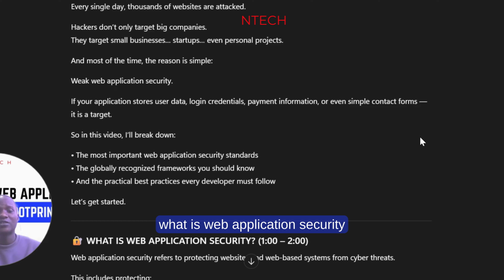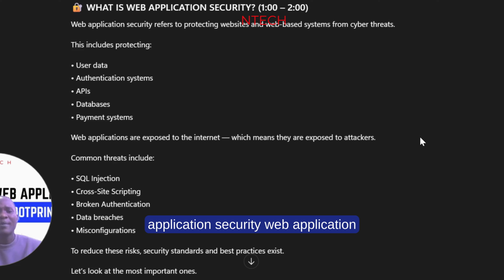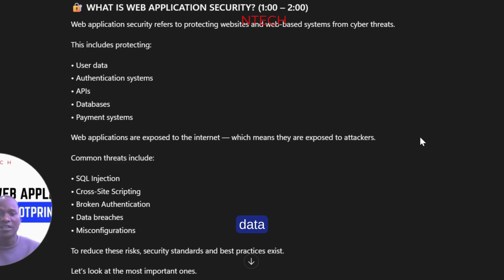Now, what is web application security? Web application security refers to protecting websites and web-based systems from cyber threats. This includes user data, authentication systems, APIs, databases, payment systems.